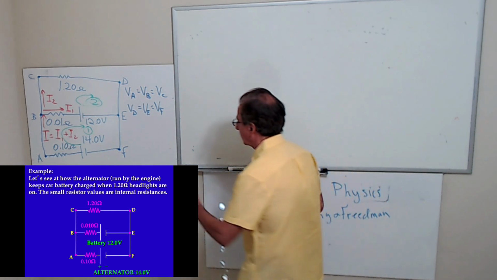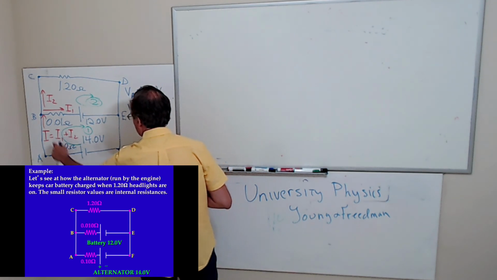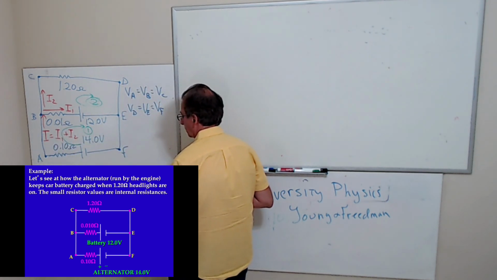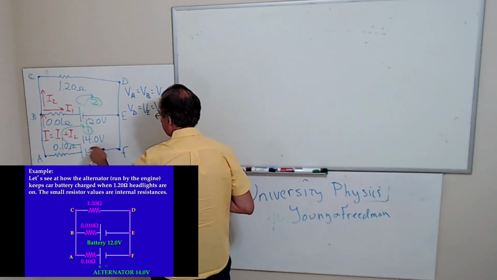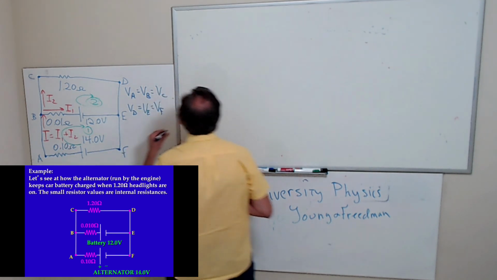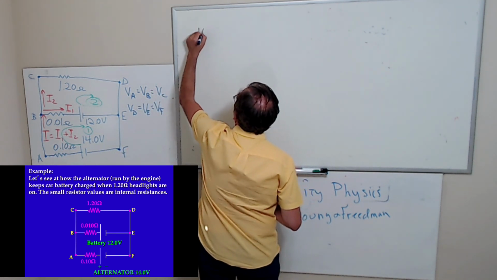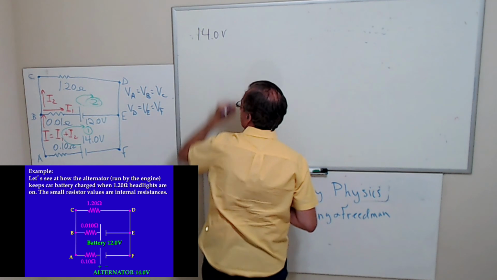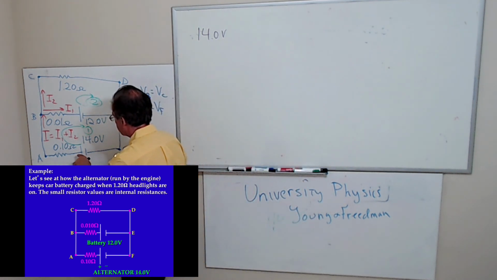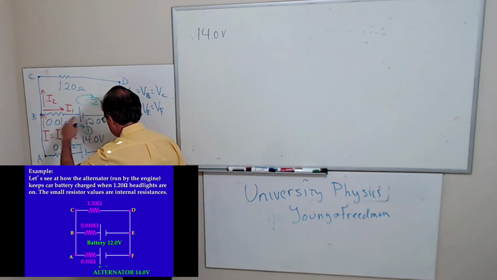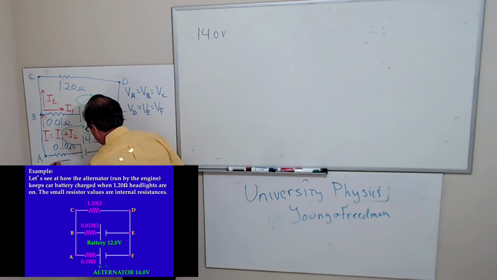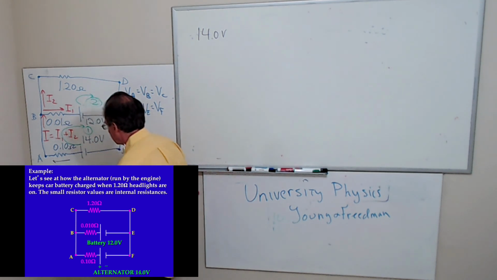So let's start summing. Let me start here and go all the way around. I go from negative to positive, so I have a 14 volt gain. The current going through here is clockwise, so I'm going to be summing in the direction of the current.